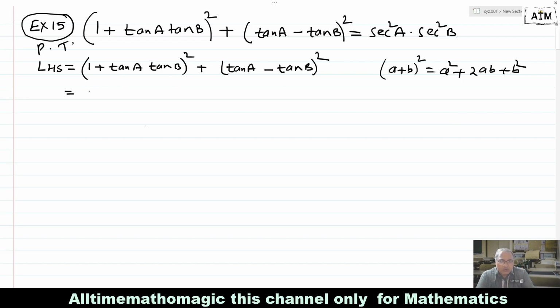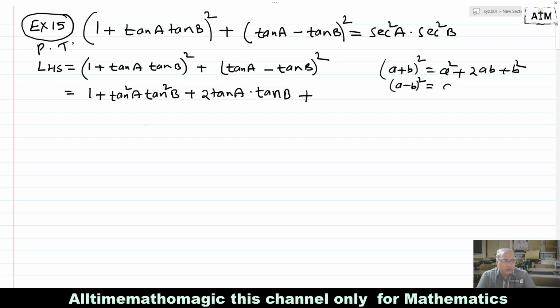Now opening both the brackets, here doing the A plus B whole square formula. So 1 plus tan square A tan square B plus 2 tan A tan B. Now opening the second bracket, here I am using the A minus B whole square formula.